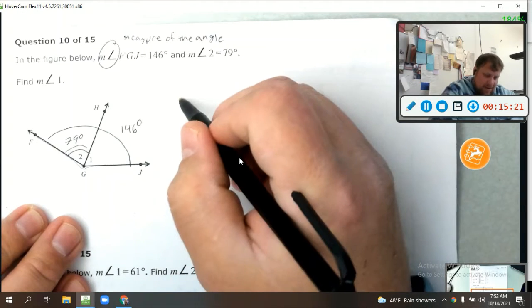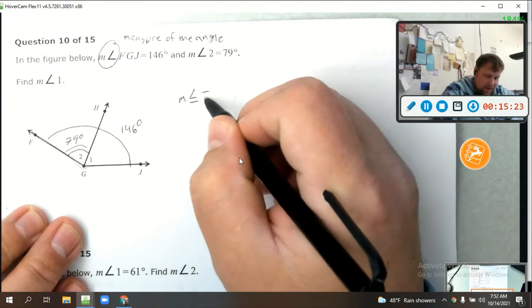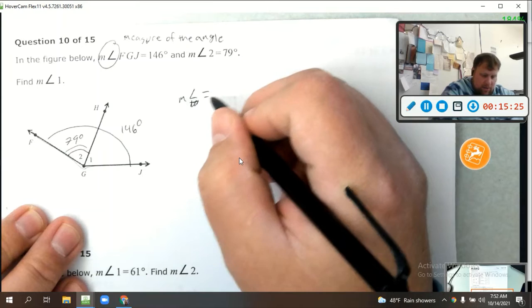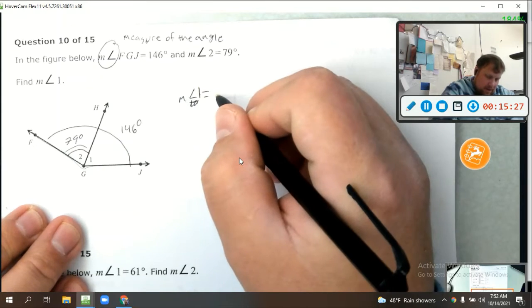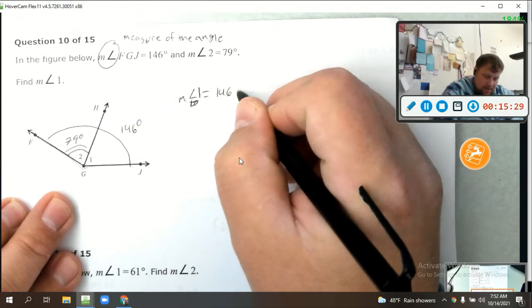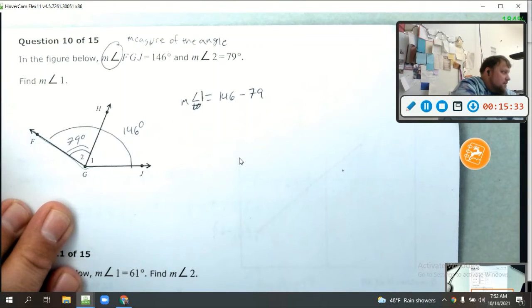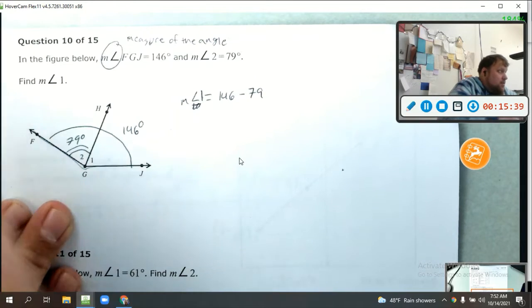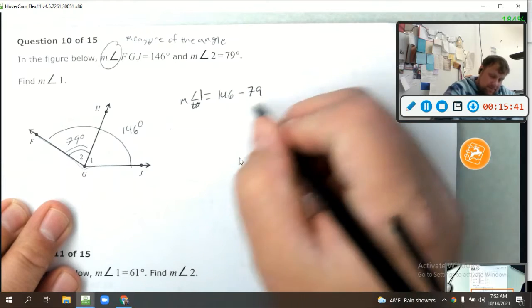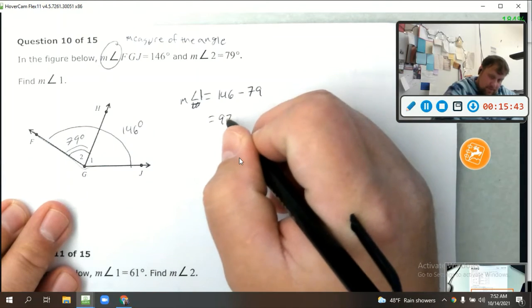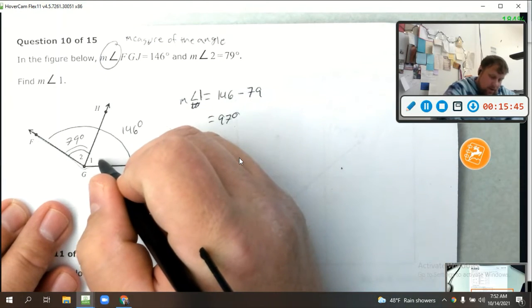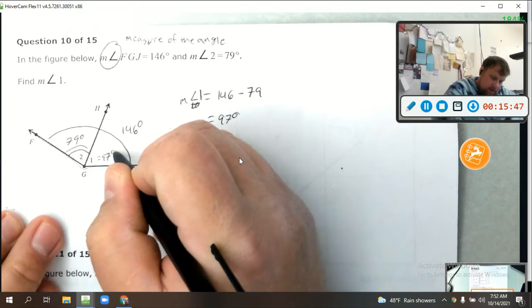Well, measure of angle 1 is going to equal 146 minus 79, which, it's early in the AM, I just am not doing this in my head. It's 97 degrees. So angle 1, 97 degrees. Perfect.